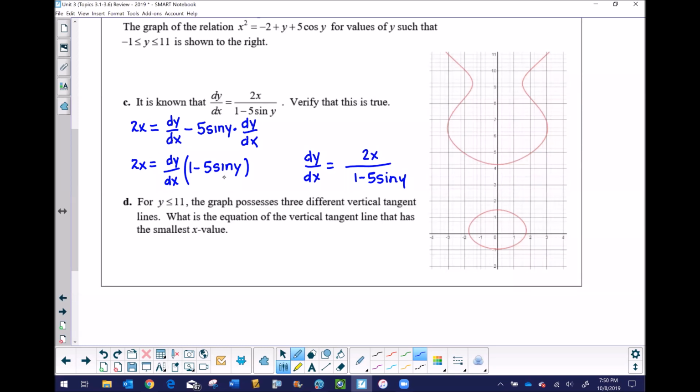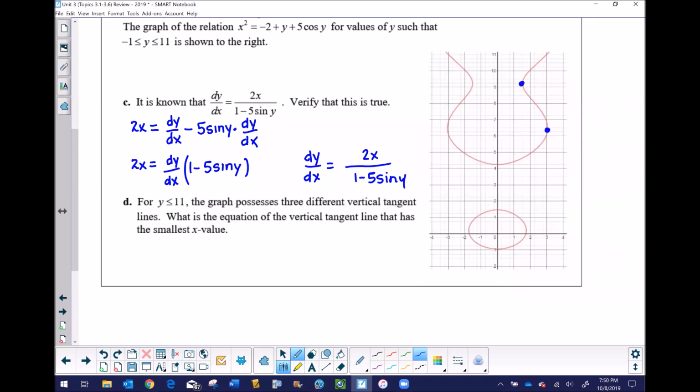I don't think yours does. So let me explain what I mean. It should say this graph possesses 3 different vertical tangent lines where x is positive. Okay, so I'm talking about these 3 spots here.